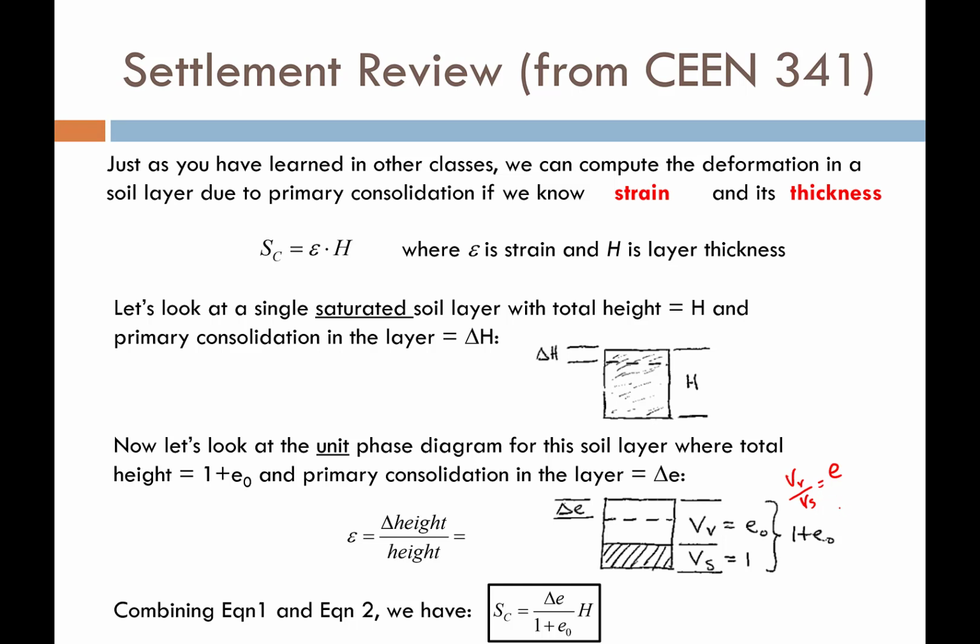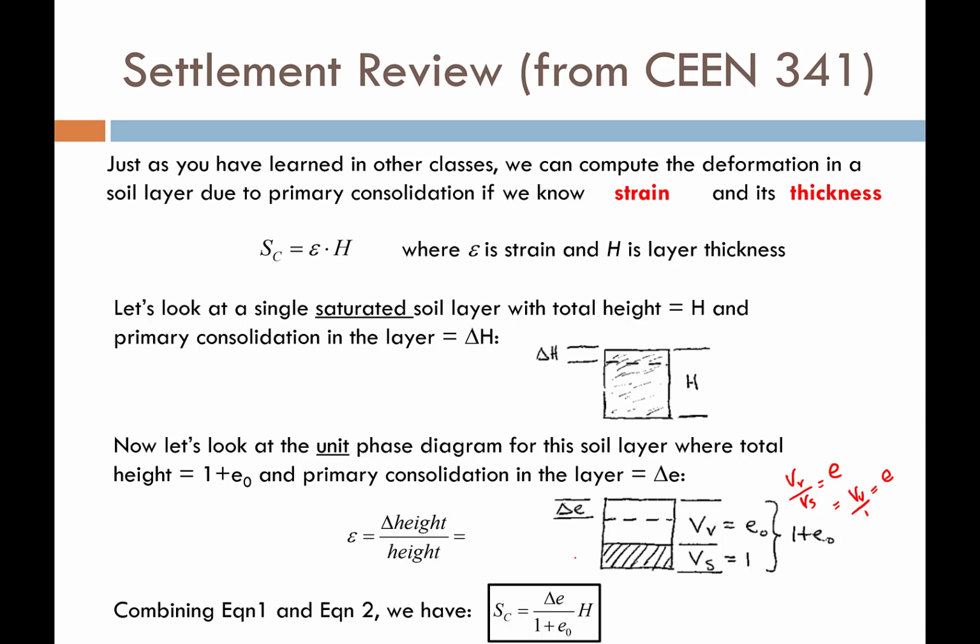And if volume of solids equals 1, then that's simply going to equal the void ratio. So that's why we say with the unit phase diagram, the volume of the voids is just equal to the void ratio. And the total volume of the soil is equal to 1 plus the void ratio. So that change in volume is equal to the change in the void ratio.